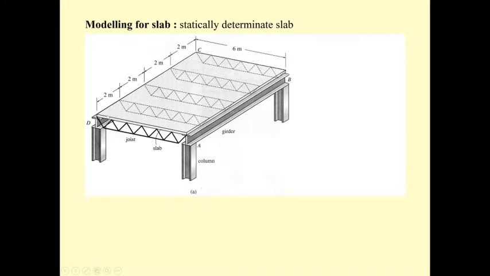So the joist is going to carry the uniformly distributed load along its length. By carrying that uniformly distributed load, each joist produces a point load or reaction acting on the girder, or the big beam.